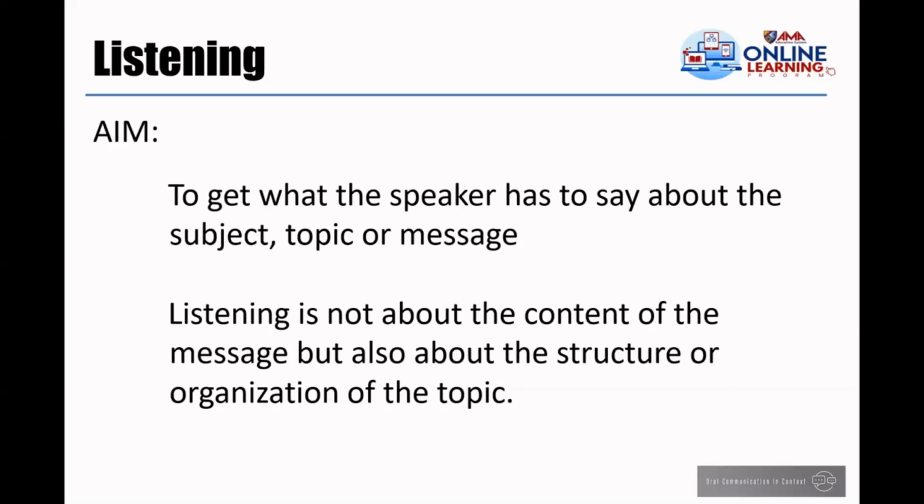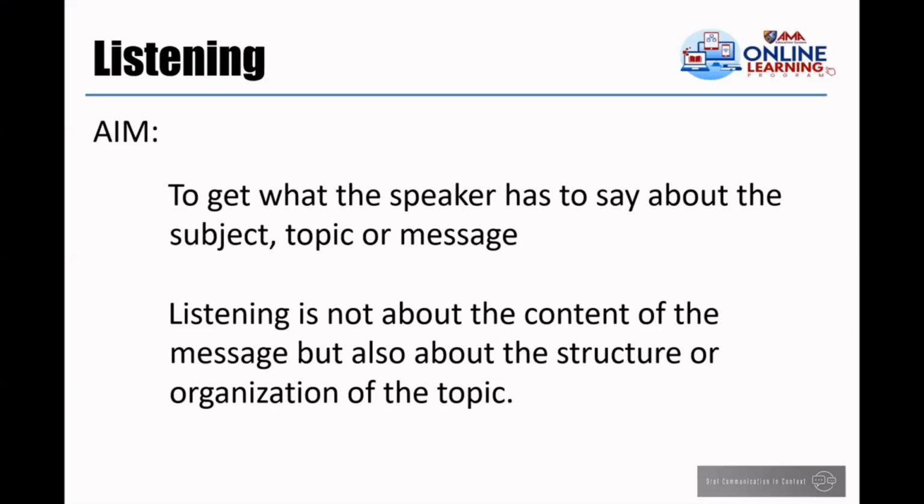For the treatment, it is how it is conveyed by the sender to the receiver. And the code, that is about the channel used in sending the message. So those are the important information that you need to know so that the aim of listening would be clear to you.